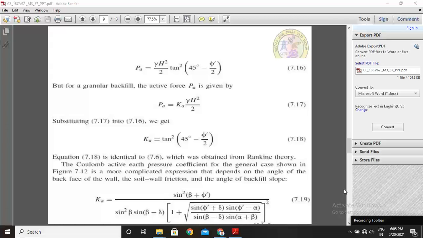So K is given by this equation, that is sin square of beta plus phi divided by sin square beta into sin of beta minus delta, into bracket 1 plus root of sin of phi plus delta into sin of phi minus alpha by sin of beta minus delta into sin of alpha plus beta, whole square. This is equation 7.19. You remember these equations, Ka.